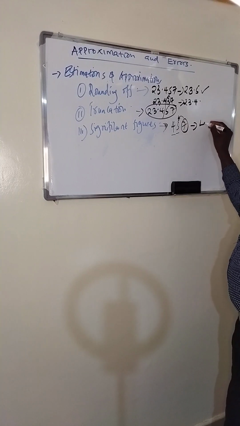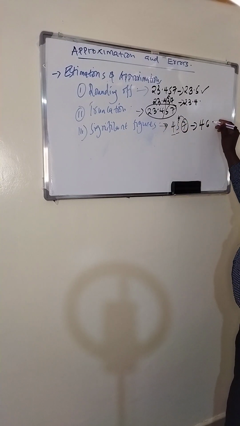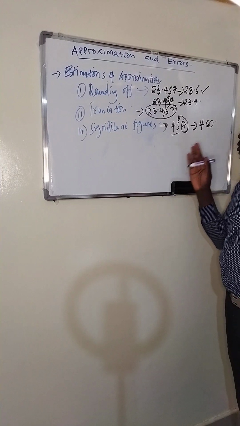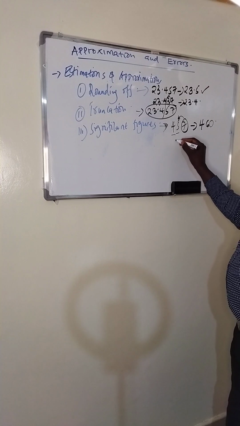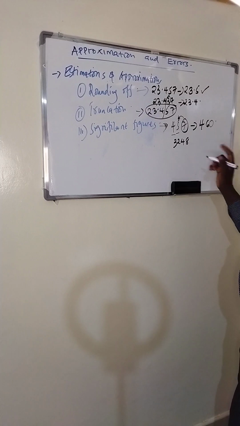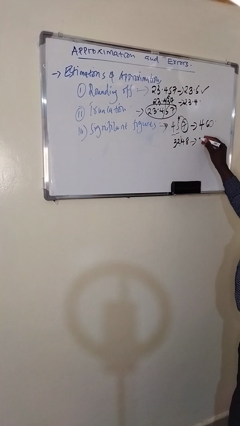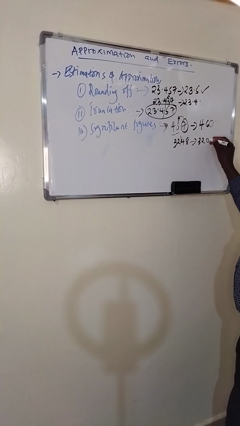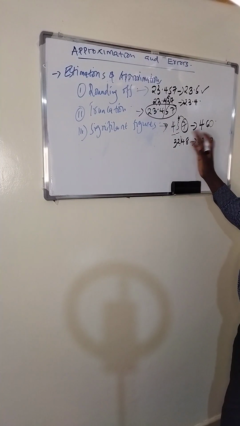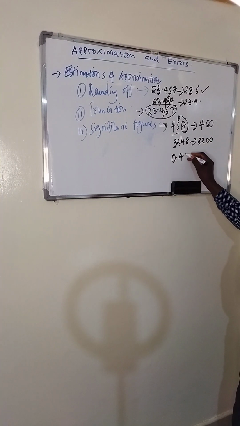So this will be 46, but these are the numbers which come after that number, so you retain the 0. You don't just write 46, but 460. If you have 3248 and write to two significant figures, so 1, 2, this is less than 5, so you don't round off, so you have 32, then retain the zeros, 0, 0. You change the rest to be 0. And that is how you write a number to the required number of significant figures, maybe one decimal figure or decimal fraction, 457.